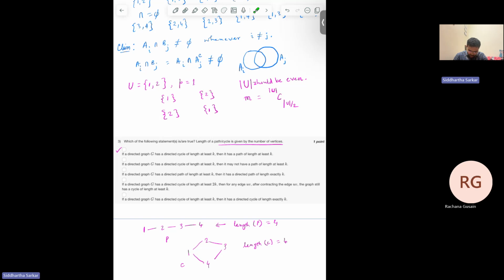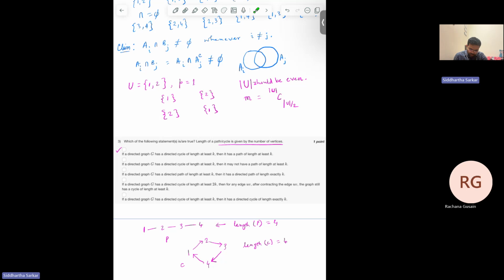But we are dealing with directed graphs. So let us say that there are directions. So this is a directed cycle. It originates at 1 and terminates at 1. Okay.